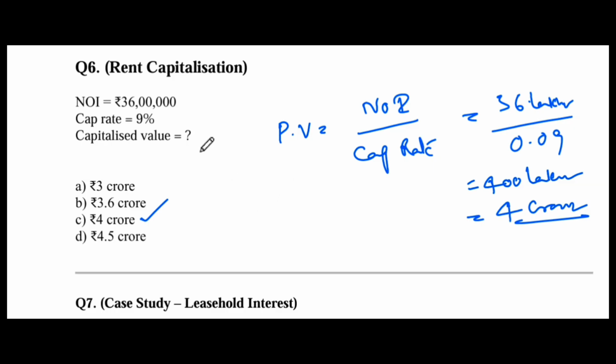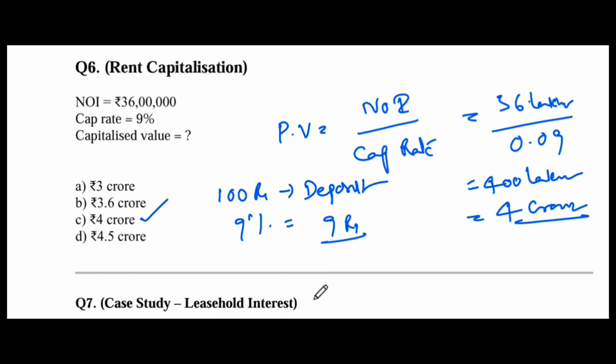Let us recall the concept once again. What is the capitalization rate? It compares the return with the investment we put. If you deposit 100 rupees in a bank, and the bank gives 9% interest for the deposit, then every year you will get 9 rupees.